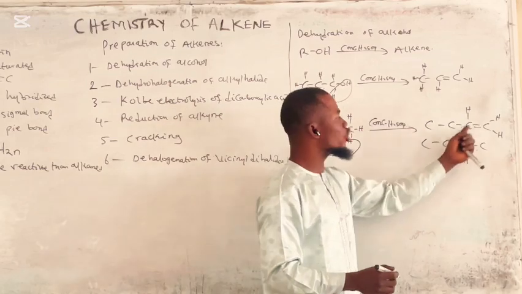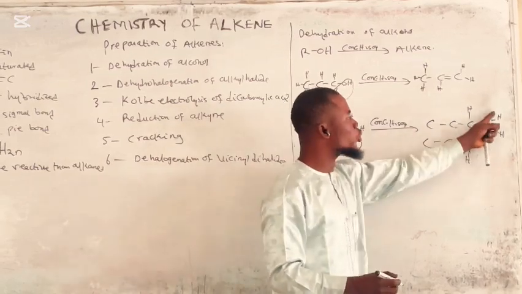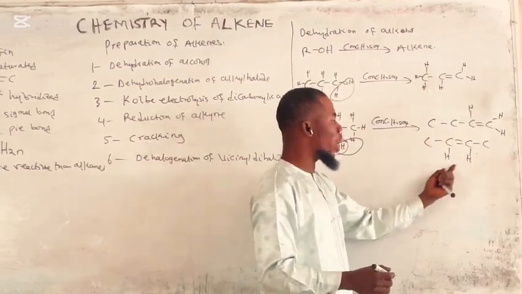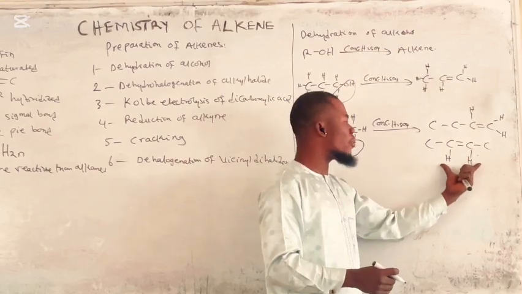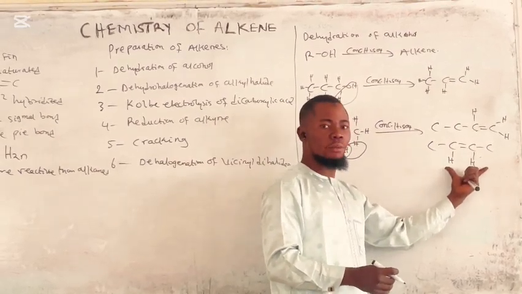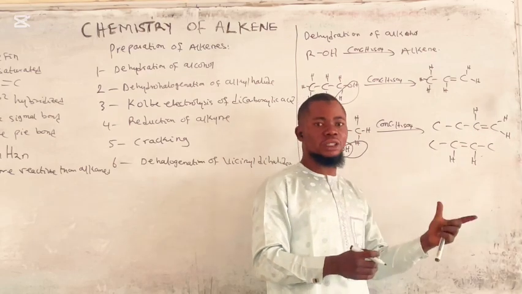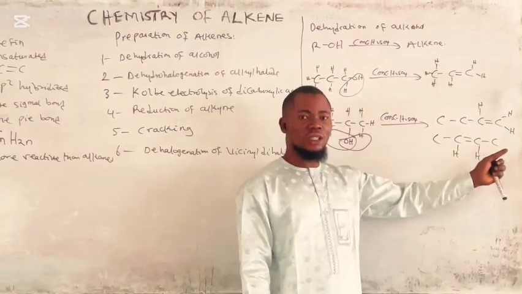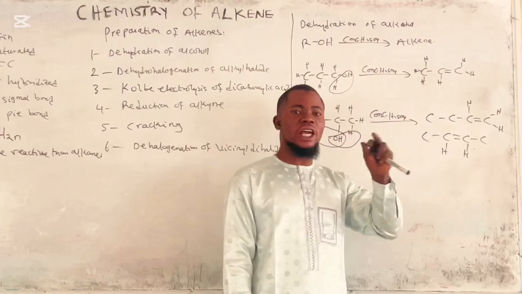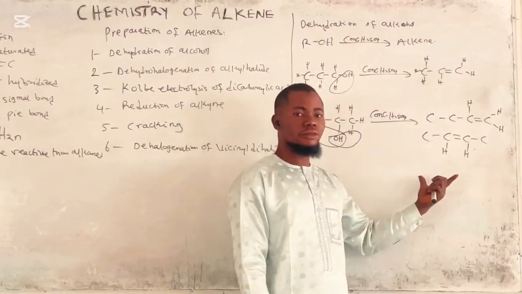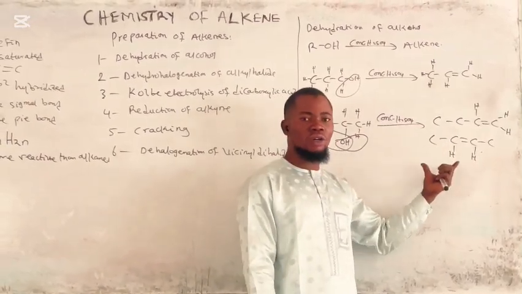Counting, the first has 1, 2, 3 and the second has 1, 2. The one with the lower number of hydrogens is our major product, while the one with the higher number is our minor product. Count the hydrogens on the two carbons bearing the double bond. That is how you will know your major and minor product.